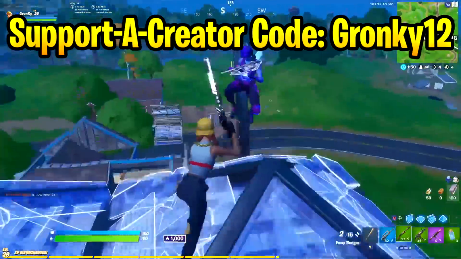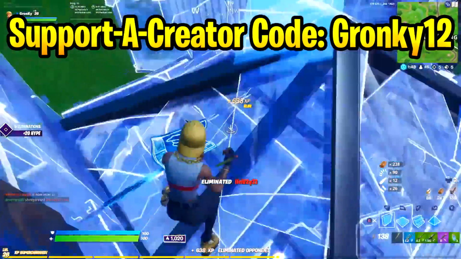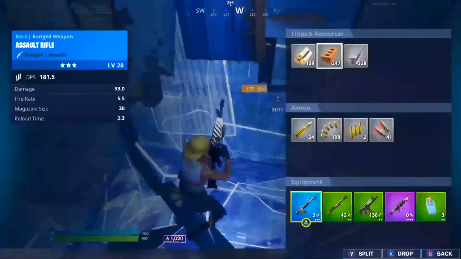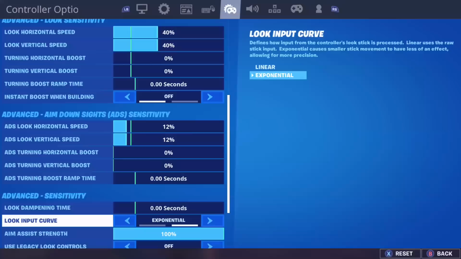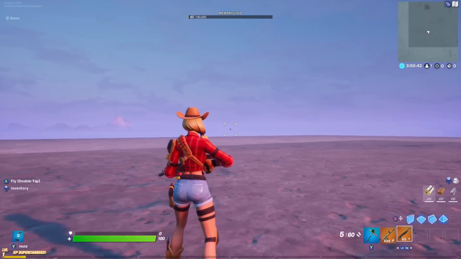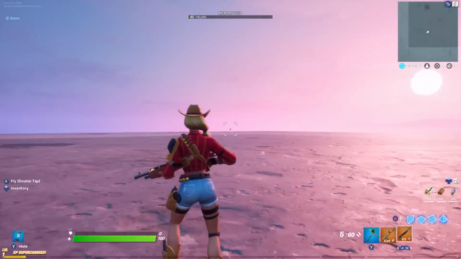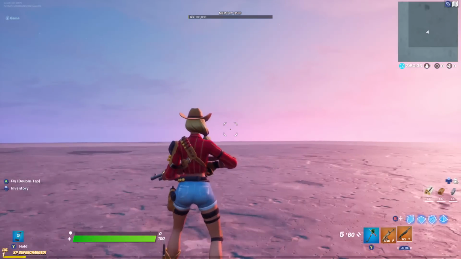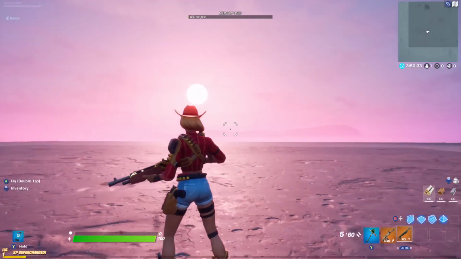In the first clip, you'll see me on Exponential with a 0.00 second look dampening time and relatively normal sensitivity values, and then when I move my thumbstick very lightly, you can see my crosshair moving incredibly slowly, nowhere near the full sensitivity values I'm using, and it increases as I put more pressure on the thumbstick.